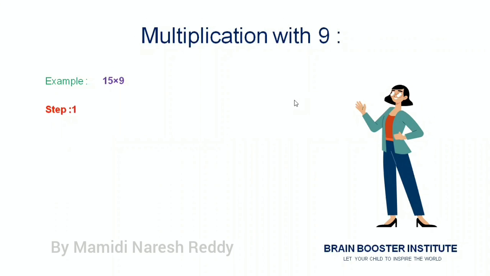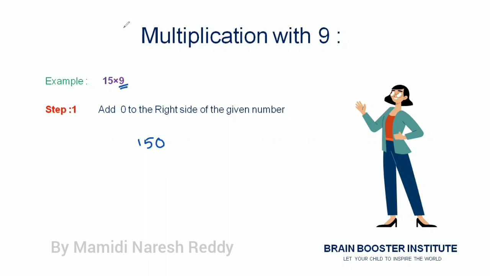Step 1: Add 0 to the right side of the given number. Here the given number is 15, which is to be multiplied with 9. Just add 0, which means writing 0 on the right side of the 15.